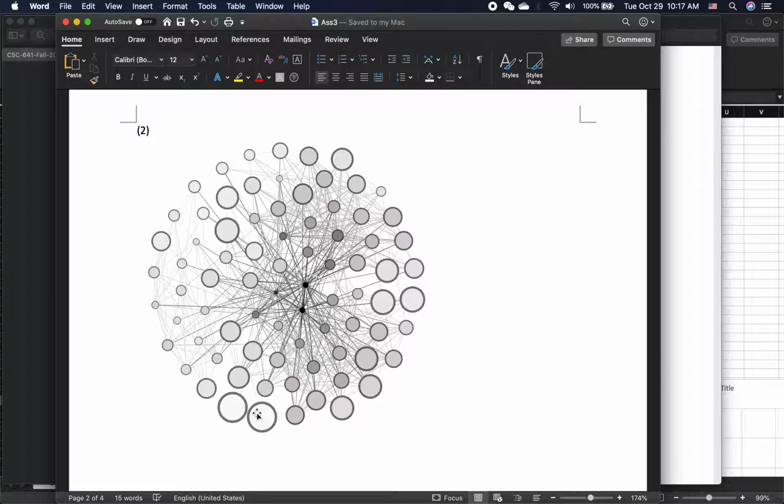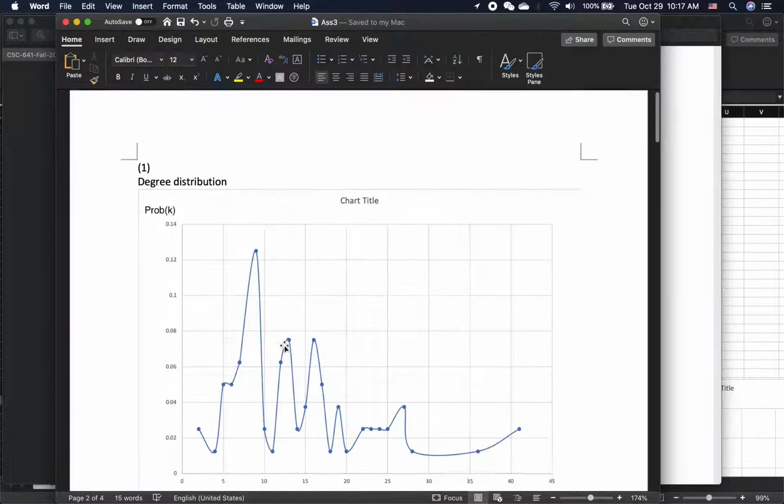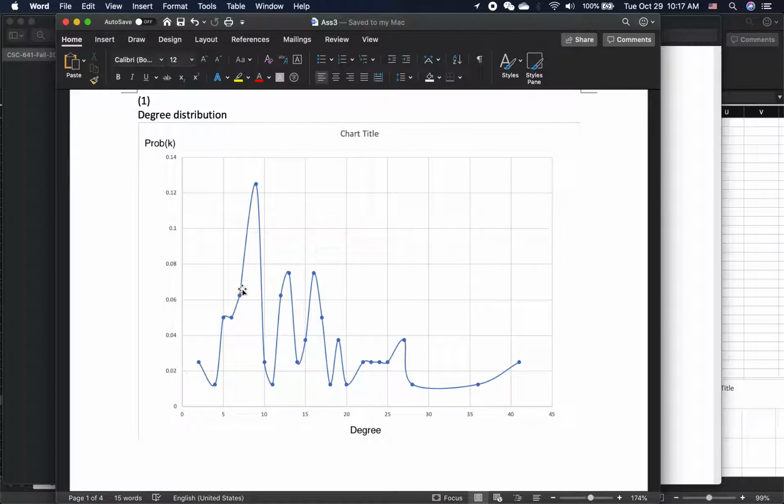So that means it has a pretty high probability that any of its neighbor nodes are connected with each other. So it makes sense because these big circles, they are in huge amount. You can see in this diagram the highest degrees, right?